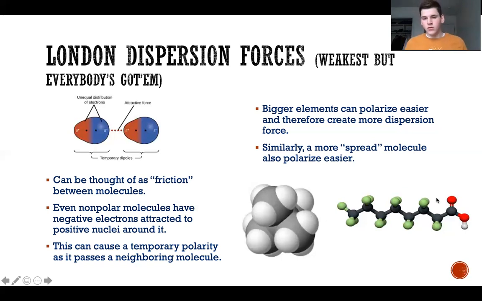Whereas this molecule here, this big long chain, has a lot of space where it could bump into other molecules, other atoms, and form more attraction. So if you have molecules that have a similar construction of atoms and elements, but one is a lot bigger or one's a lot more spread out, then that one has a little bit more of this dispersion force. It's a little stronger.